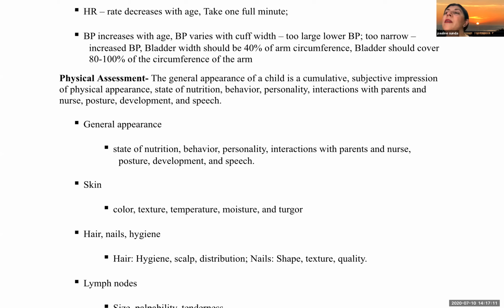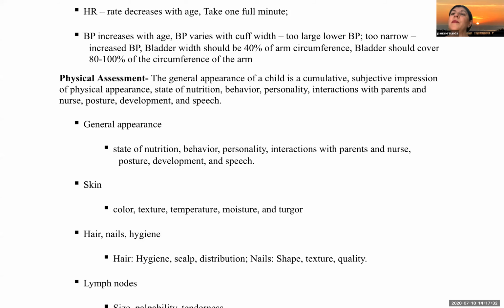If you use a cuff that is too narrow, it will be artificially elevated and the blood pressure will be incorrect. The bladder width should be 40% of the arm circumference. The bladder should cover 80 to 100% of the circumference of the arm.